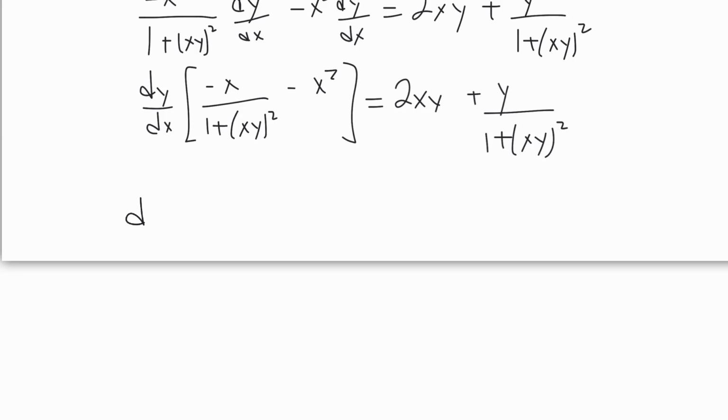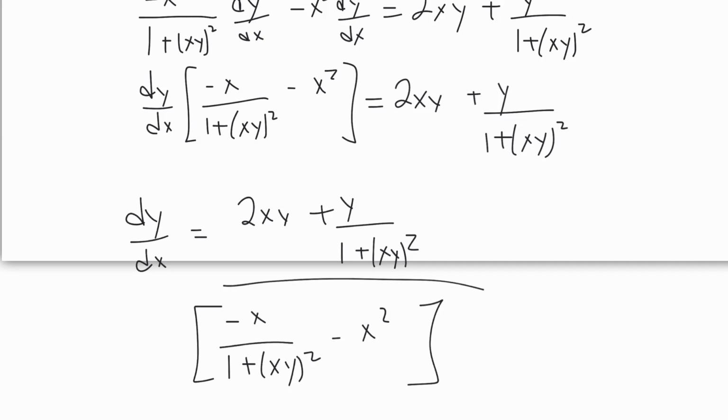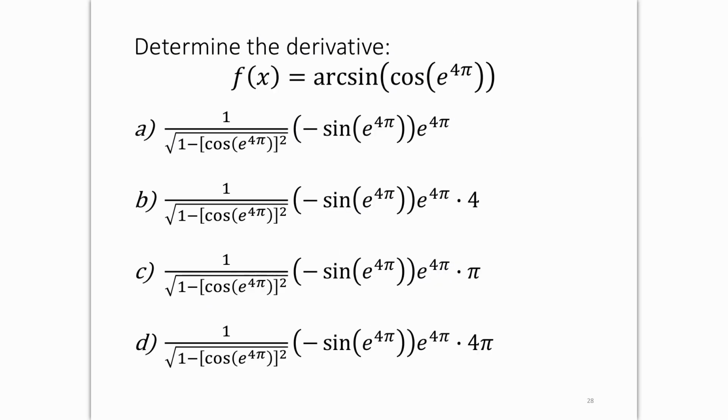So dy dx is equal to 2xy plus y over 1 plus xy squared divided by that giant thing, negative x over 1 plus xy squared minus x squared. Great job.